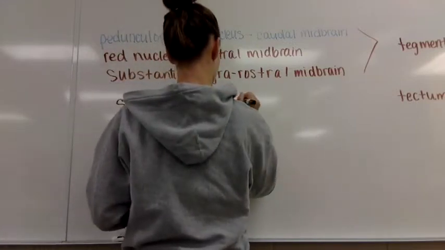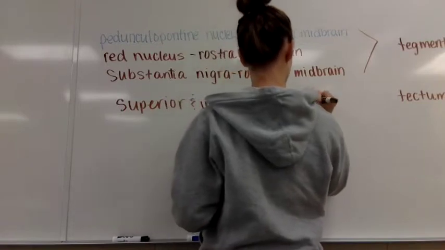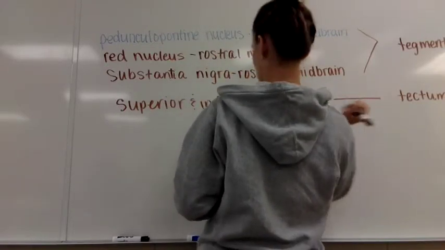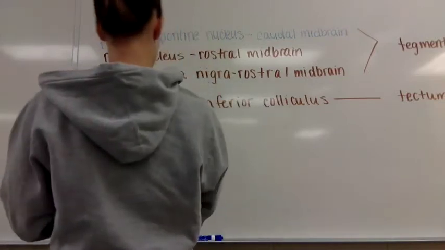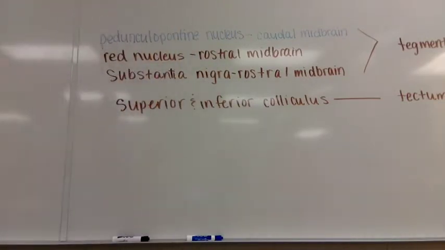So which one is auditory and which one is visual? Visual is superior and auditory is inferior. Which one is the start of the tectospinal tract? It is superior.